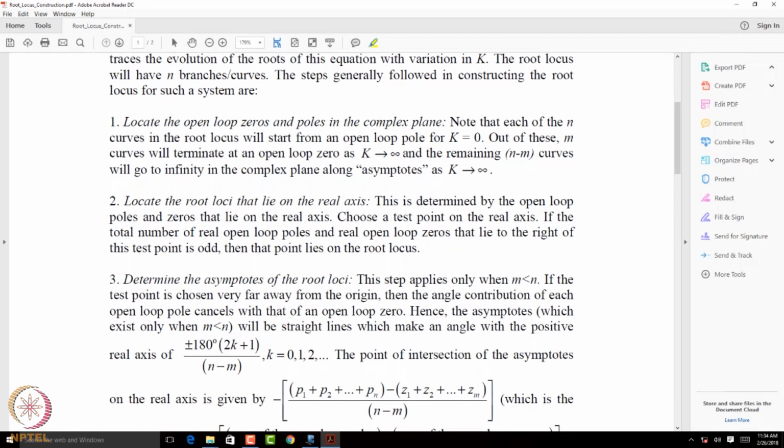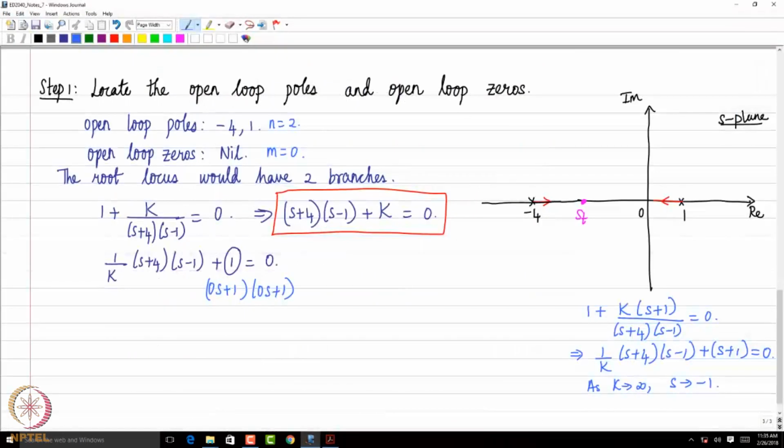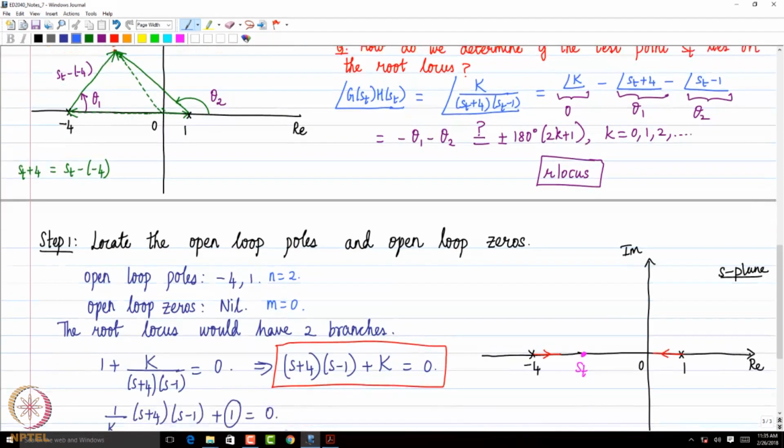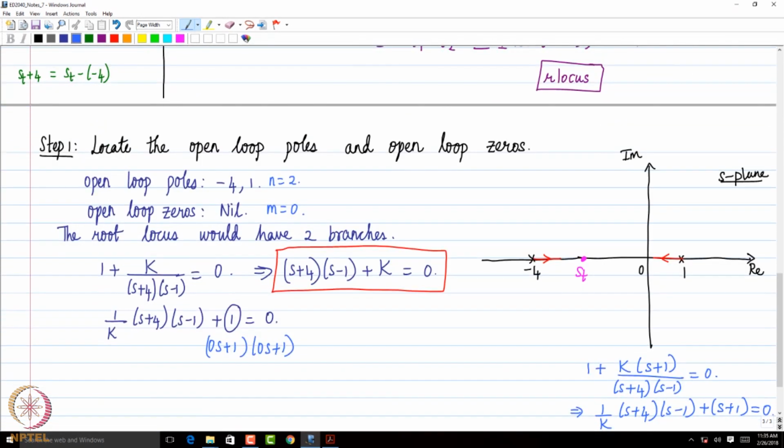How you started off with the open loop concept of going towards one test point, and then you came to this: I only took an arbitrary test point to get the angle condition, is it not? Now, we are starting the construction of the root locus. Let us say we focus at minus 4.